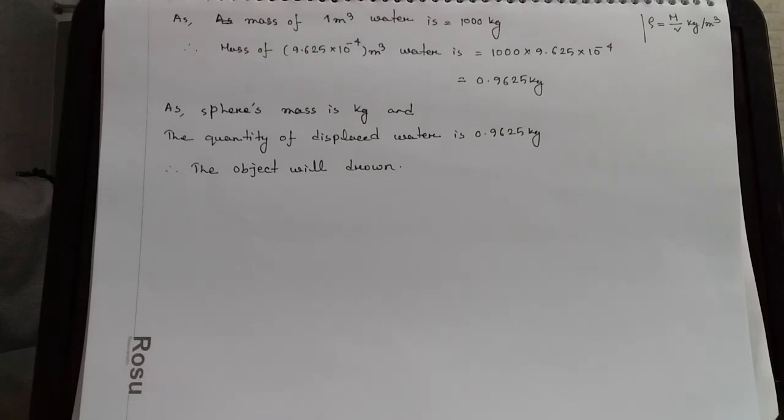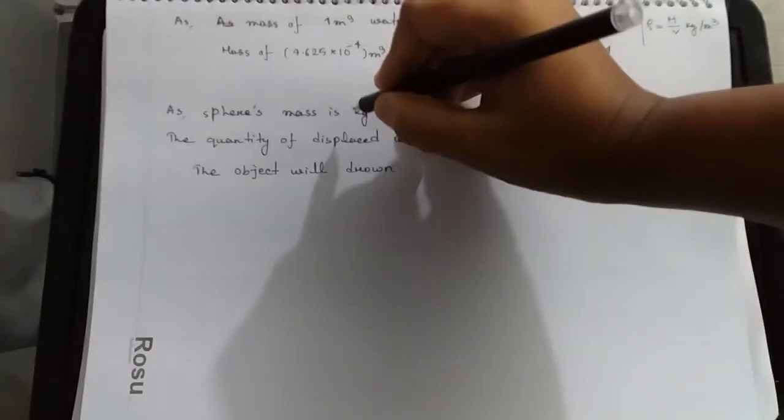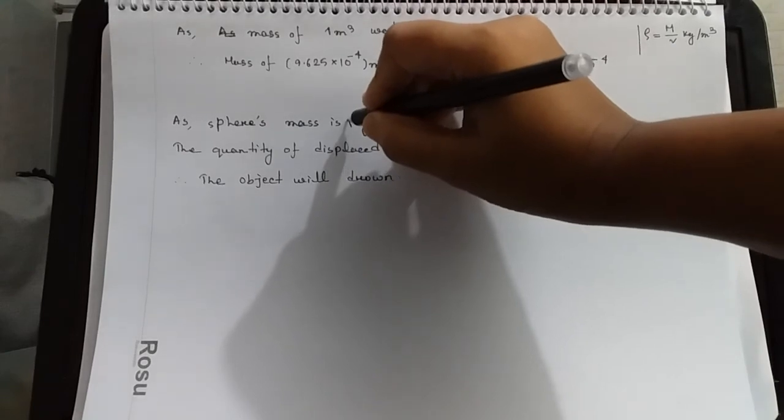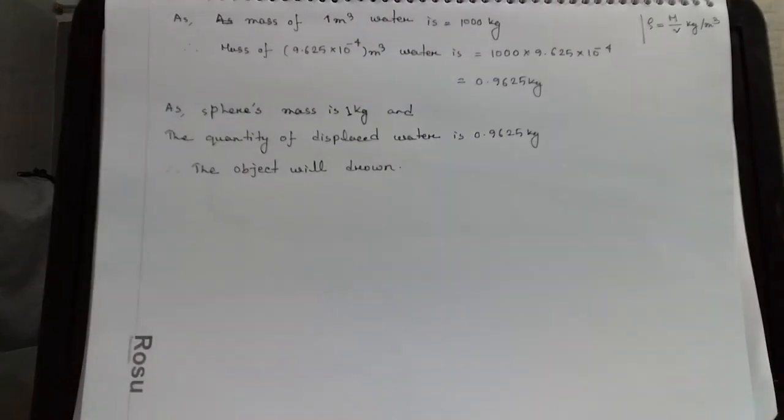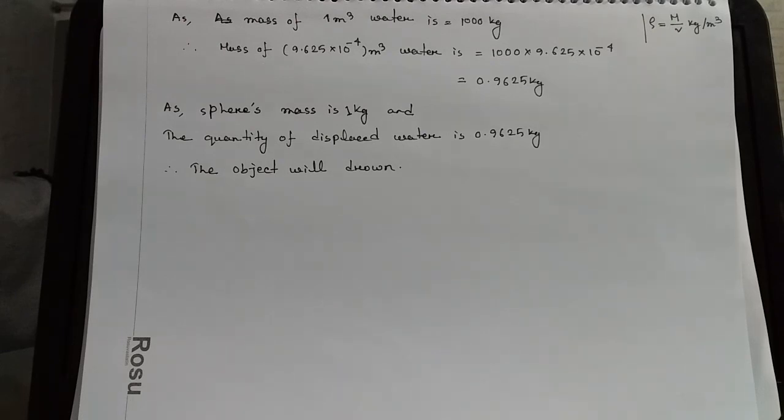So the sphere's mass is 1 kg, but the quantity of displaced water from our calculation is 0.9625 kg, that is less than the sphere's mass.